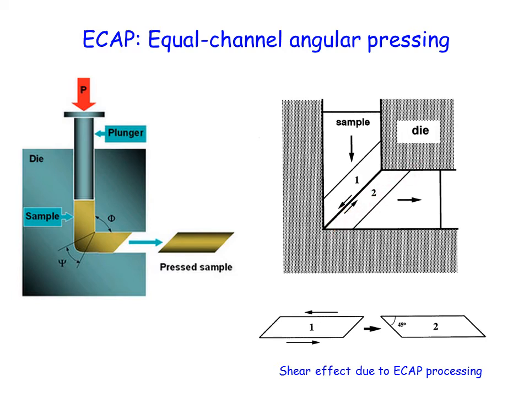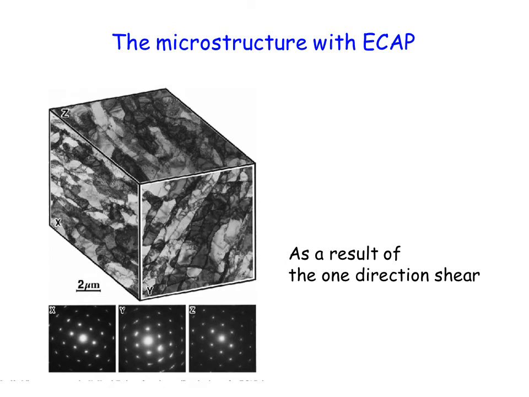So if we compare form number 1 and form number 2, we realize that form number 1 suffers a shear in this direction to finally get this shape. As a consequence, the microstructure of the sample is going to be very much textured, that is observed here, and this is the result of the one directional shear that can be evidenced through diffraction in the different planes of the bar.